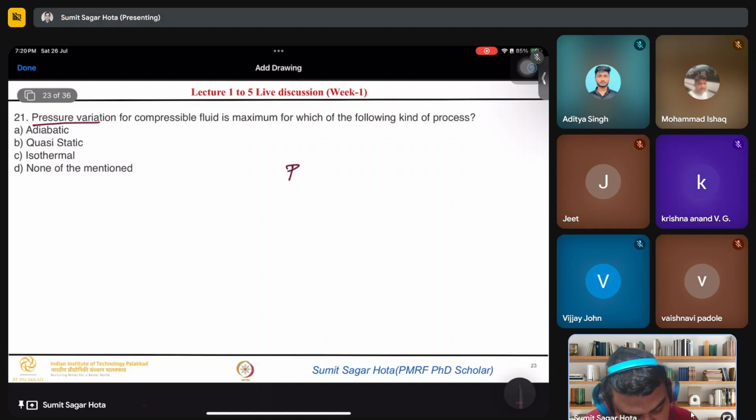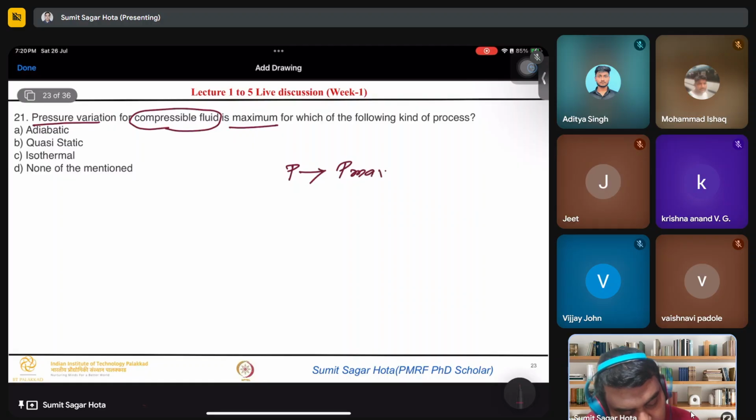They are talking about compressible fluid. Pressure variation they want, and they want the maximum pressure, that means P leads to P max. Which of the following kinds of process do they want? It's not a system, it's a process.